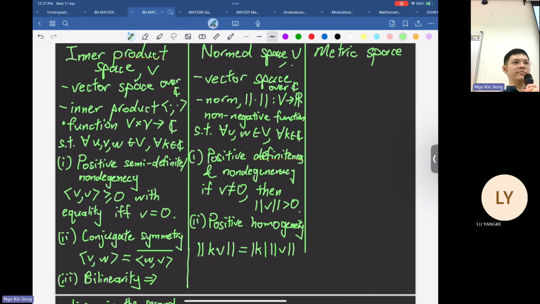So you can pull the scalar out by a factor of its norm. This property is quite interesting. If my k is a complex number, what's the action of a complex number on your vector?